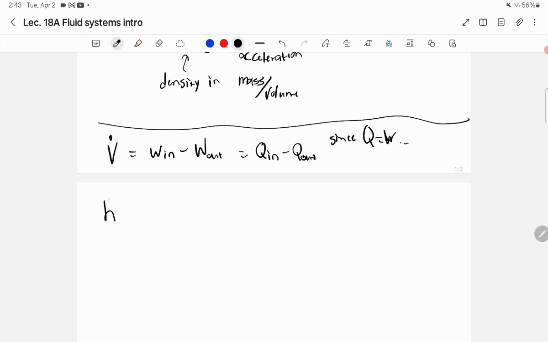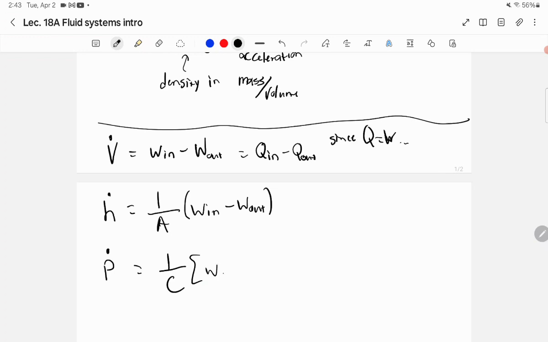The change in height per unit time. Again, these are all linear relationships assumed here. Is 1 over the area times W in minus W out. And the change in pressure per unit time is going to be 1 over that capacitance times W in minus W out.